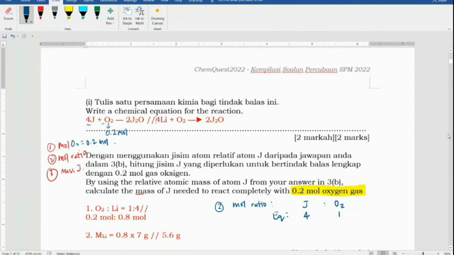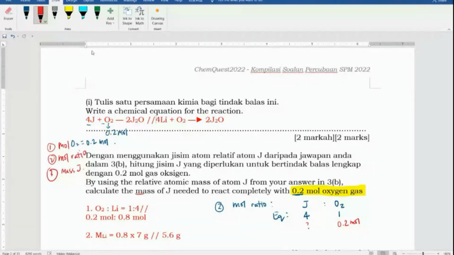Now here 0.2. 0.2 is for what? For the oxygen. Don't put the wrong side. So if here is 0.2, what about this J? How to get the J, Gabriel? If 4 to 1, then oxygen is 0.2.